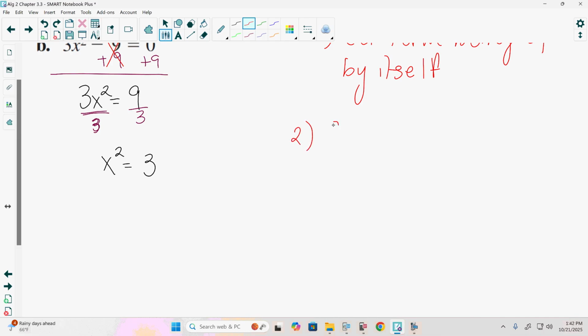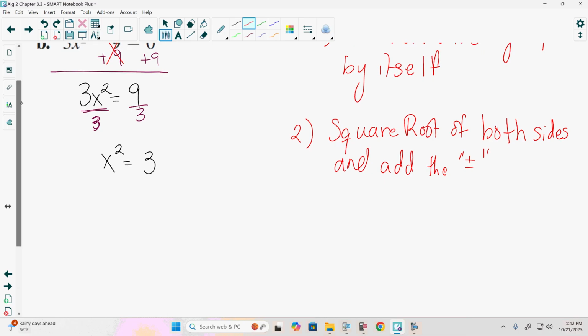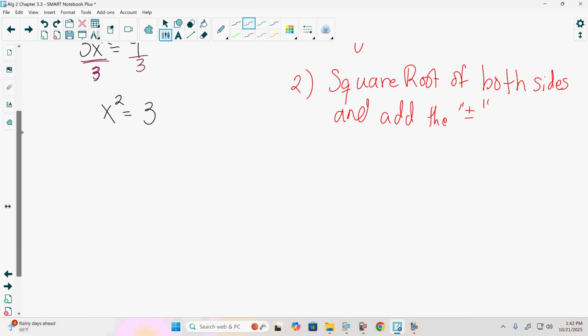Our second step is to take the square root of both sides. And we'll have to add the plus or minus, because whenever we take the square root of both sides, we have to put plus or minus, because what's being squared could be positive or negative.